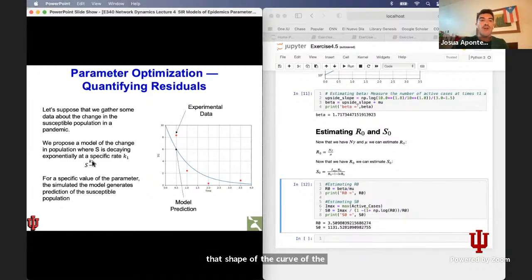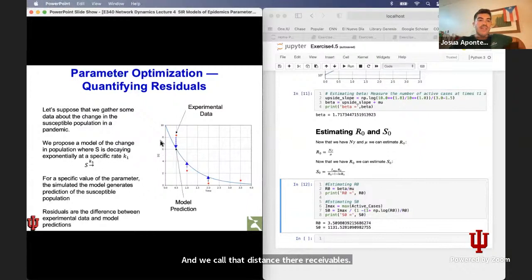For each value of that parameter, the model will be simulated into a different curve. And what we can do to quantify how close the model is to the data is to measure the distance between the model prediction and the experimental data. We call that distance the residuals.